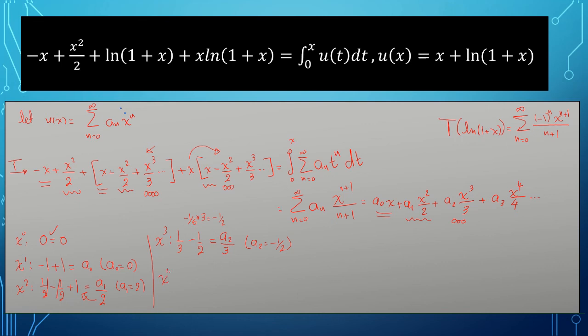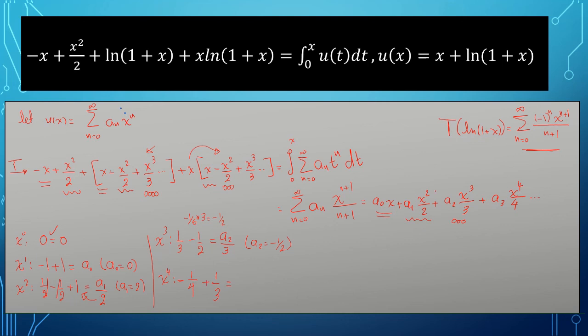For x raised to 4, we didn't write it, so let's imagine that there is a term here. It will be according to this summation, and this will give us what? It will give us minus quarter. Okay, so minus quarter, and here we have this term, which is plus 1 over 3.